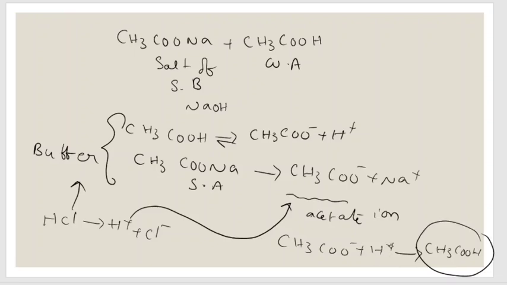So whatever H+ ions we are adding in the solution are converting into undissociated acetic acid molecules, which are weak electrolyte molecules. Hence there is no change in the H+ ion concentration. That means there is no change in the pH value.